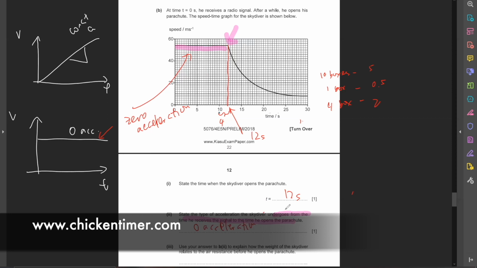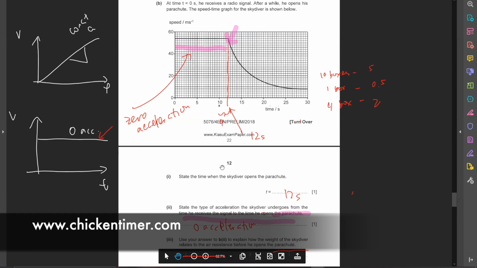Then use your answer in part B to explain how the weight of the skydiver relates to air resistance before he opens the parachute.